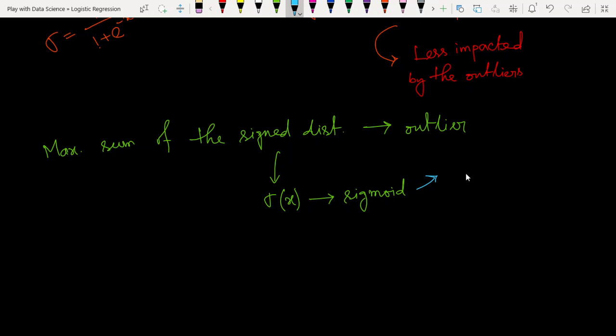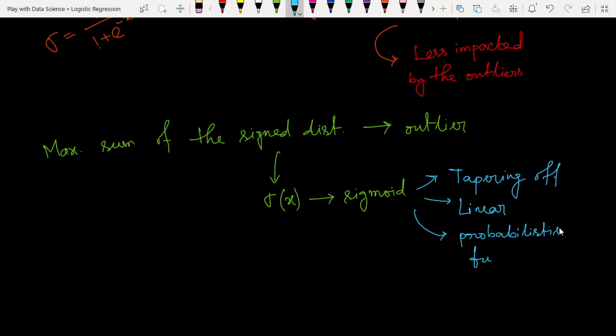It is tapering off, and it is a linear, easily defined probabilistic function. This is the probabilistic function.